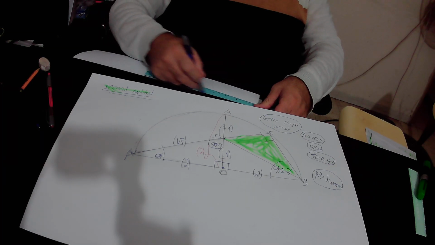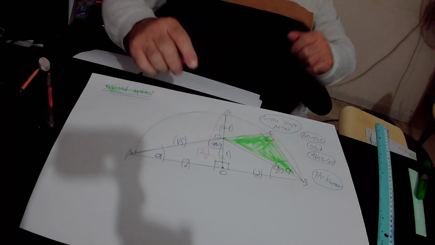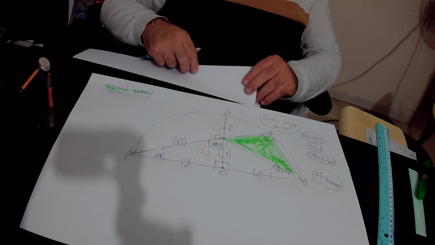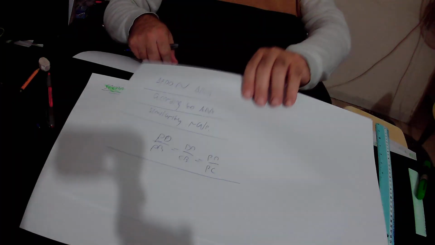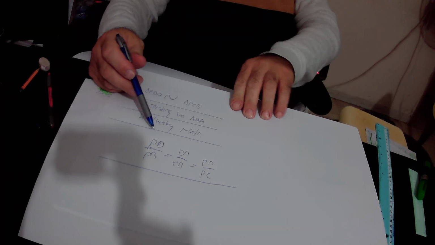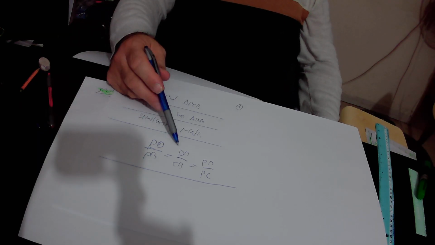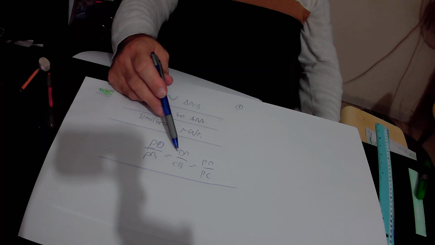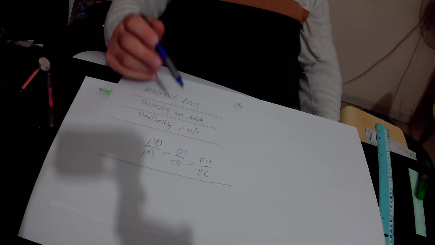Again, we derive that side PD of the small triangle over side PB of the big triangle equals side DO over side CB, and it is also equal to side PO over side PC.